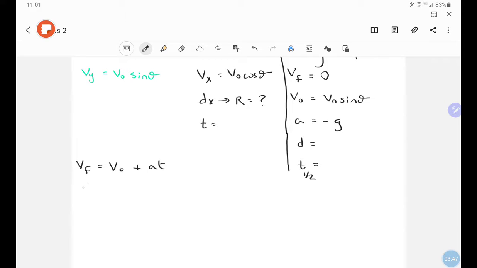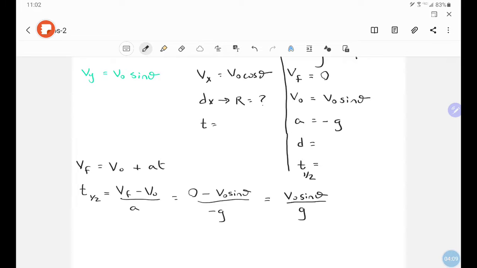So time, specifically half, is going to be Vf minus V0 over a. Plugging values in, we have 0 minus V0 sine of theta over minus g, giving me V0 sine theta over g.